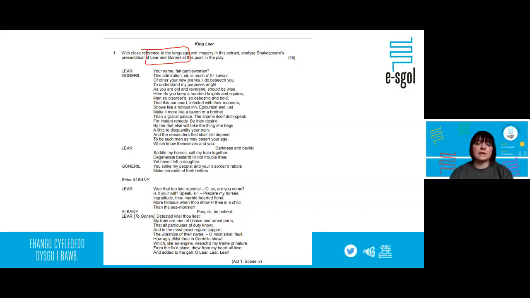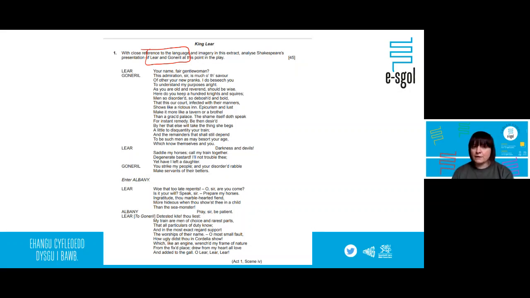The shame itself does speak for instant remedy. Be then desired by her that else will take the thing she begs, a little to disquantity your train, and the remainders shall still depend to be such men as may besort your age, which know themselves and you.